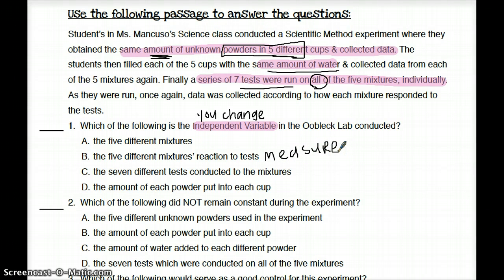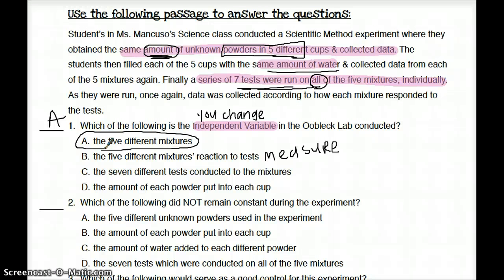The test, all of the tests were the same. They had 7 different tests, but they were all 7 run on the same one. They had the same amount of the powder. So what they changed themselves was the different types of the mixtures, the actual powder itself.